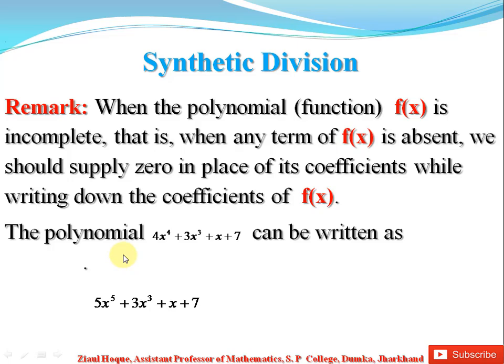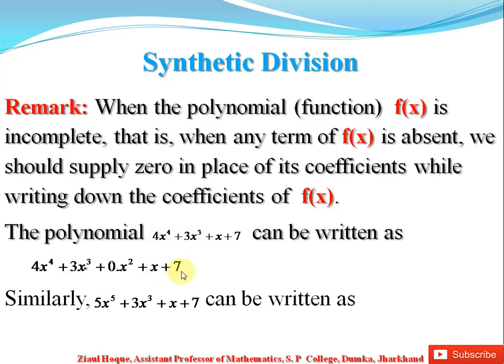Similarly, 5x^5 + 3x^3 + x + 7 can be written as 5x^5 + 0 into x^4 + 3 into x^3 + 0 x^2 + x + 7.